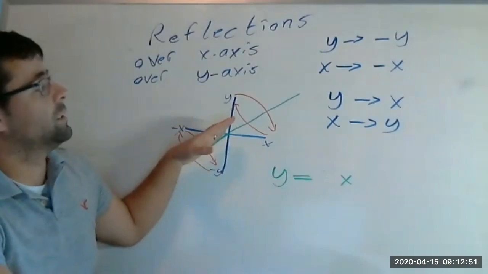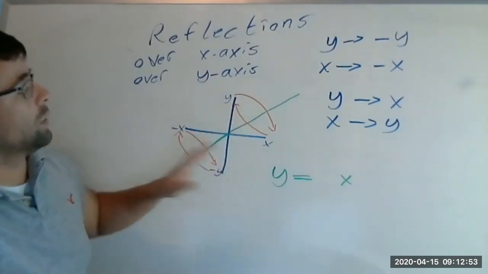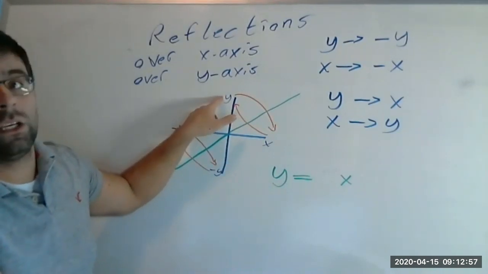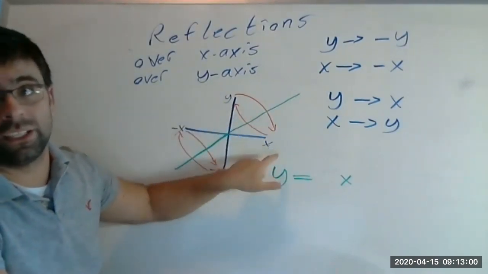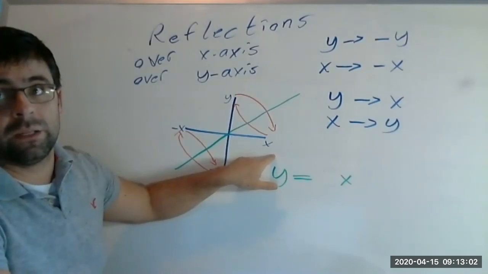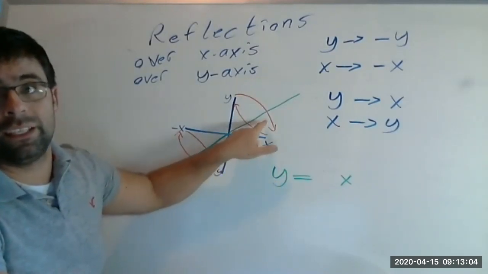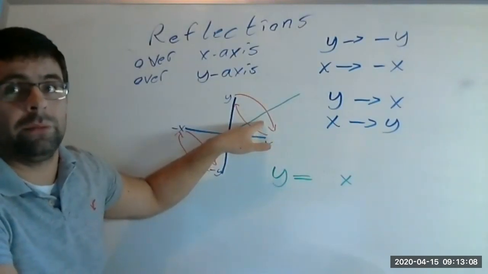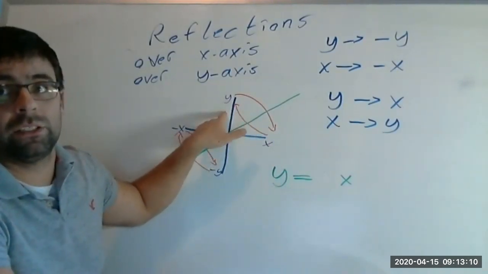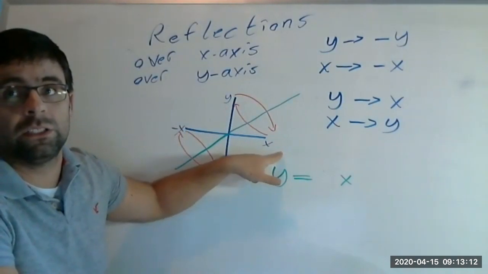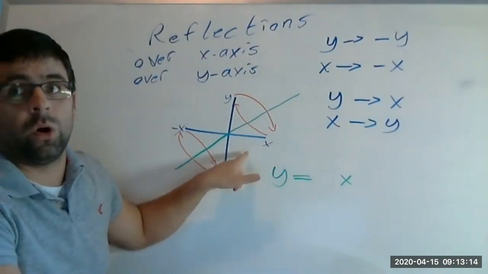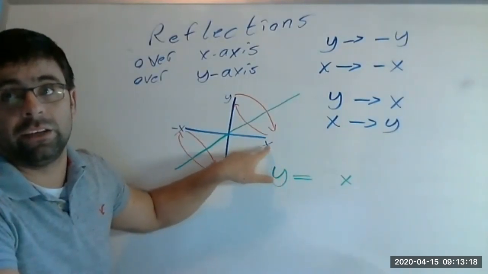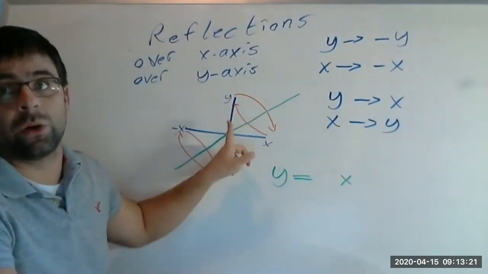So this graph is, in order to flip this x directly onto this y, and this y directly onto this x, that means that this line has to be the same distance from here as it is from here. Meaning if you go out 5 and you flip it, that means that you're going up 5.